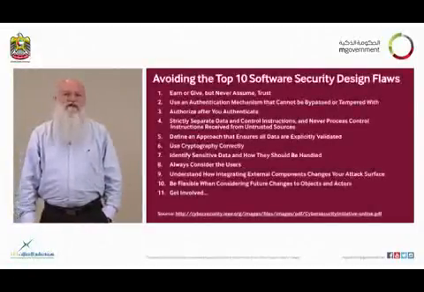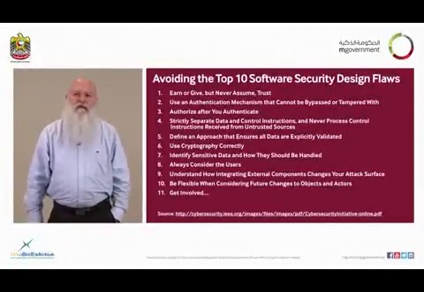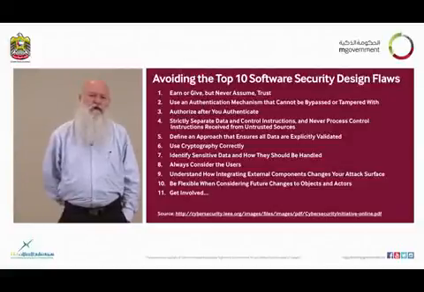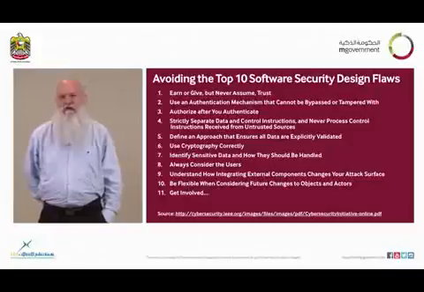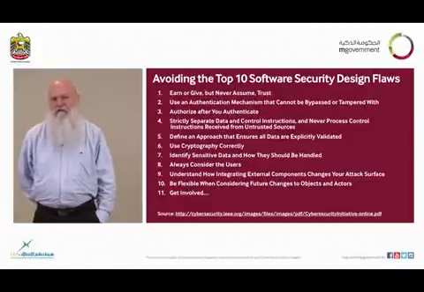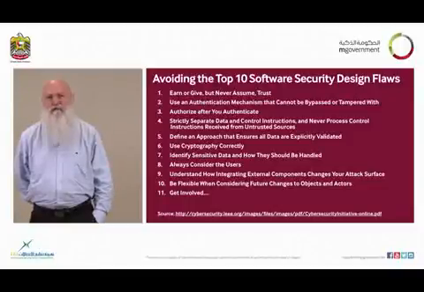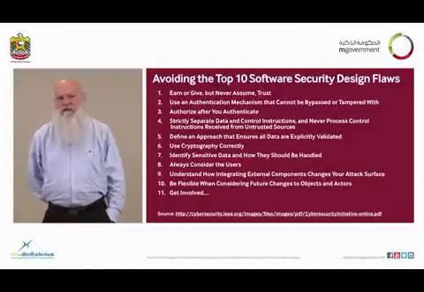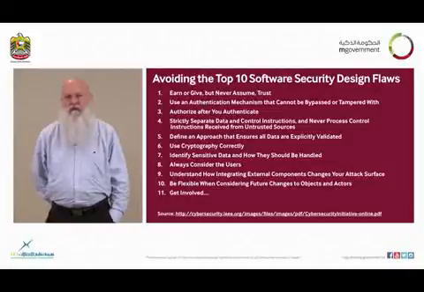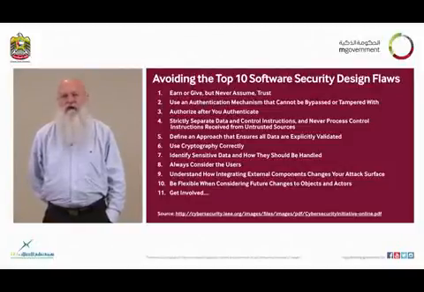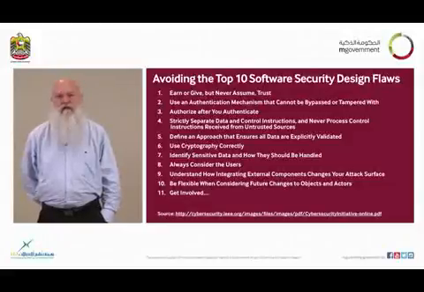Another resource is a report from the IEEE Computer Society titled Avoiding the Top 10 Software Security Design Flaws. Remember when we talked about the software development, security development, system development, or service development lifecycle, we talked about the importance of incorporating security as a primary design requirement in the first phase and at all phases of the development lifecycle.